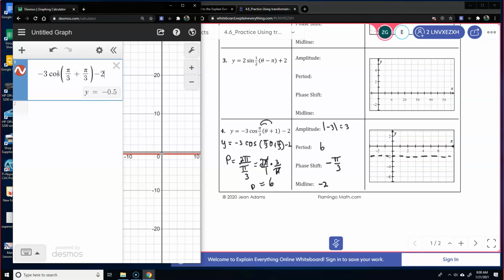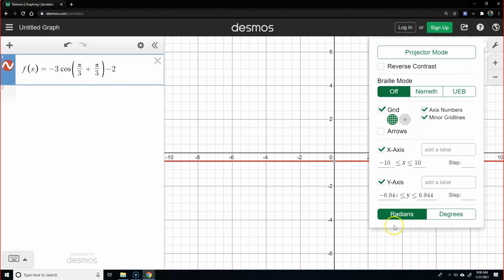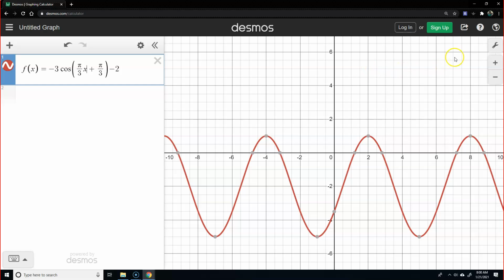Since you notice the graph is a flat line, I'm going to write f of x. So let's go to, it's in radians. Oh, you know why, we're missing the x. So we're going to type in an x, and there you go.